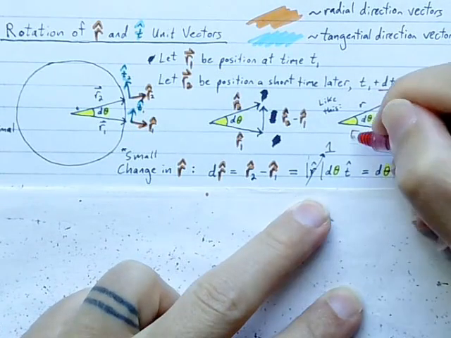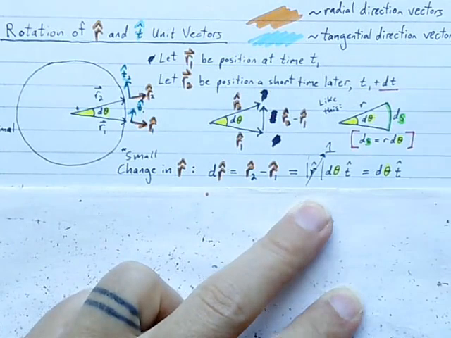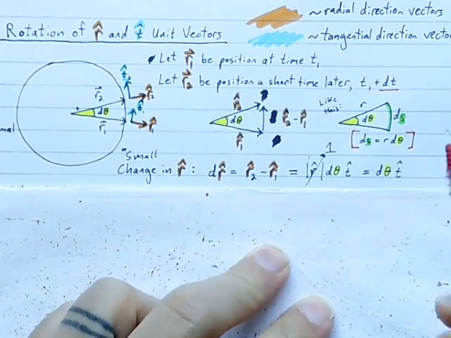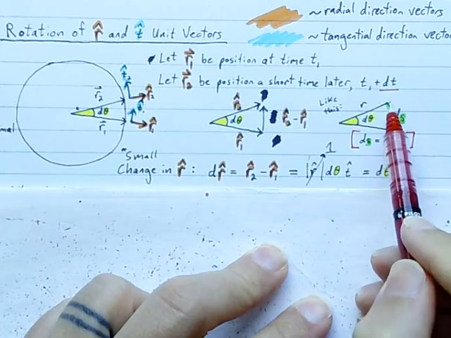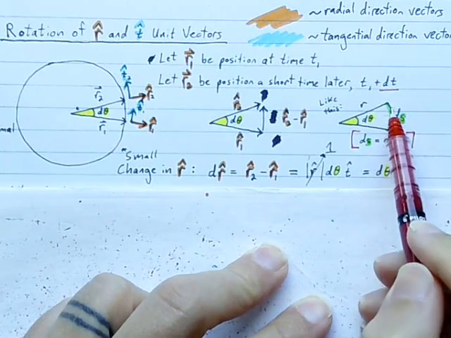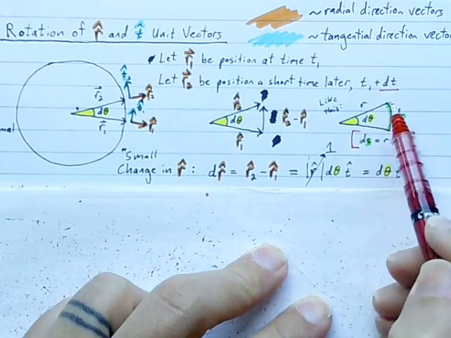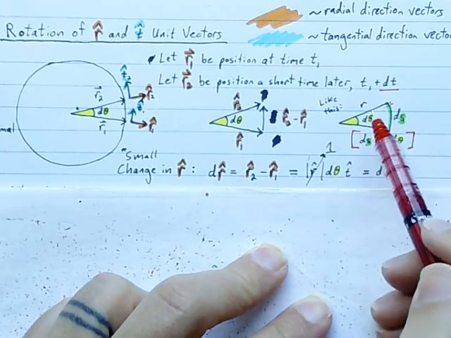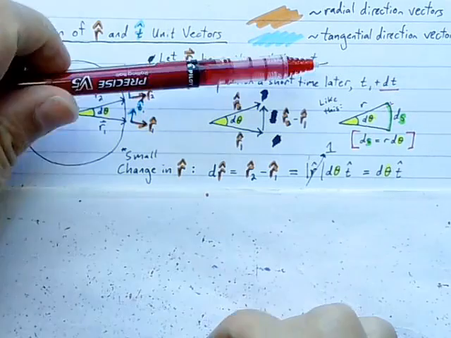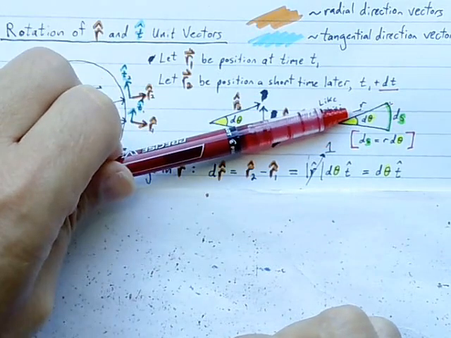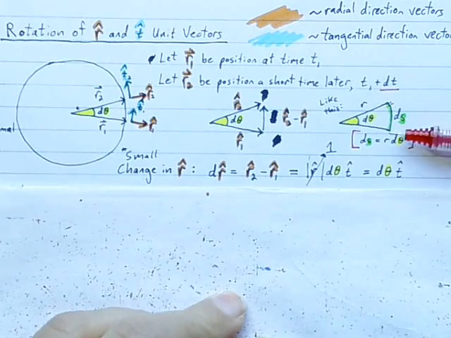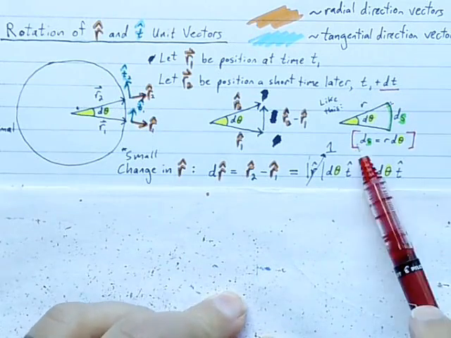So here's our fundamental relationship for motion on a circle. This infinitesimal displacement along the circumference, so this infinitesimal arc length ds equals r, which is not infinitesimal, times d theta, the tiny change in angle subtended by this tiny arc length right there. So ds equals r d theta.